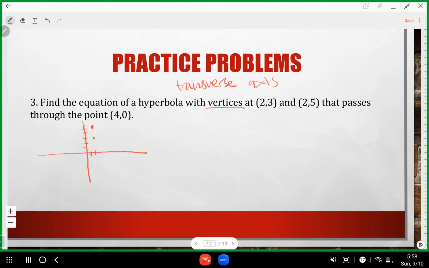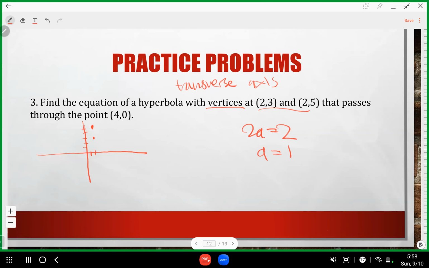Okay. That also means that the length between these 2 points is the transverse axis, which is 2a, which is equal to 2, right? So we already know a is equal to 1, right? So what's next? So now that we know that's the major axis, kind of. So that's up and down.